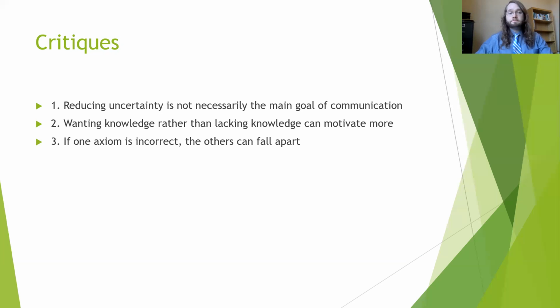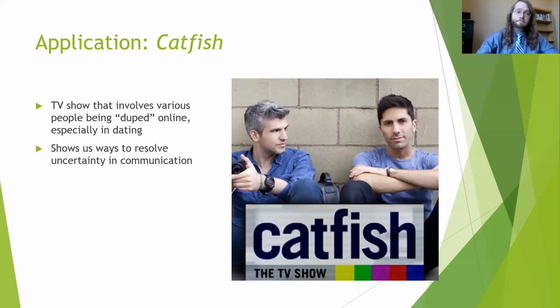And kind of like a game of Jenga, right? If one of the axioms is incorrect, the other can fall apart. That is, if we like people that we don't know as well or are more uncertain around, then that implicates how we might seek out information about that person too. So it's still a widely used theory, especially in interpersonal communication.